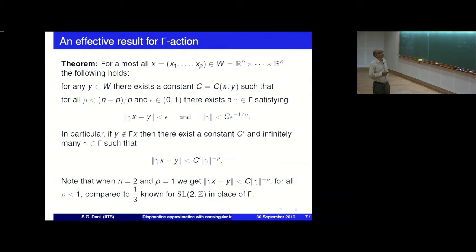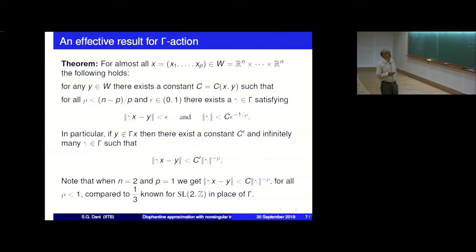So for almost all x in these p many copies, let's look at the Cartesian product of p copies. Let's call this w, and we have a vector. The following holds.